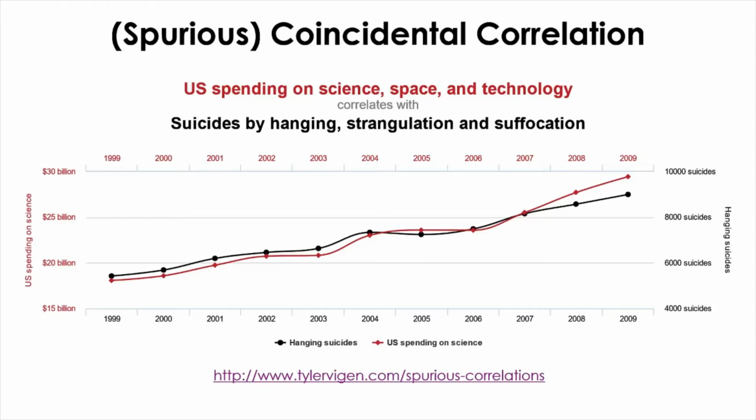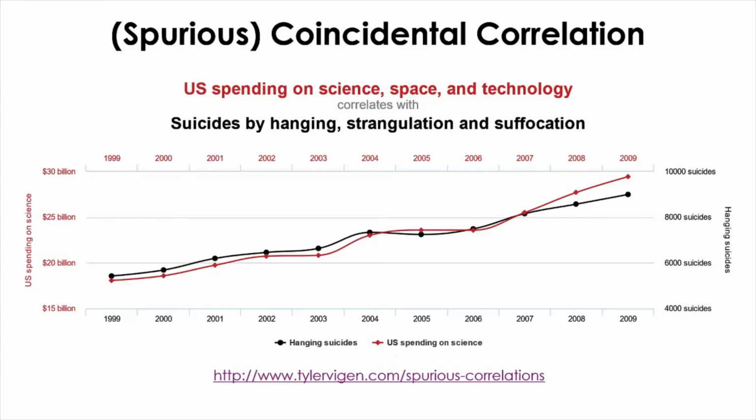So what's on the graph is the yearly change in the US spending on science, space, and technology, and the number of suicides by hanging, strangulation, and suffocation. The yearly changes in these two variables are plotted together on a double y-axis, where the left in red represents the US spending and the right in black represents the number of suicides.